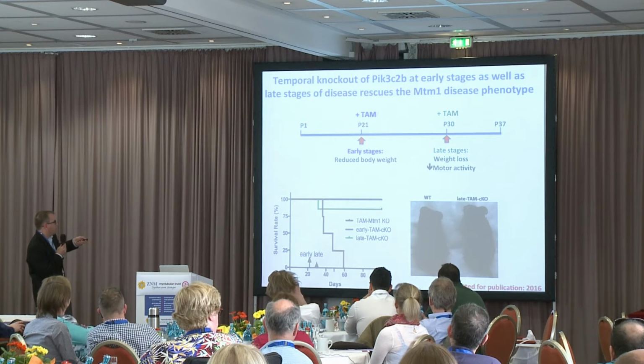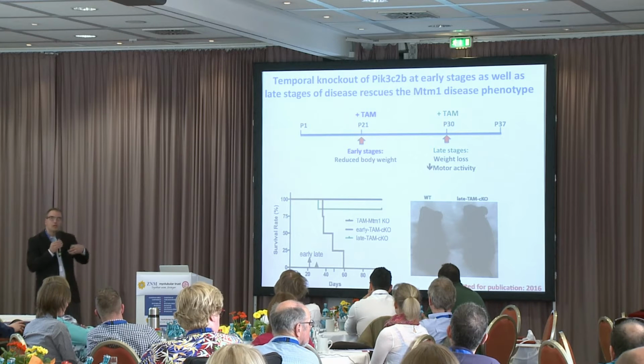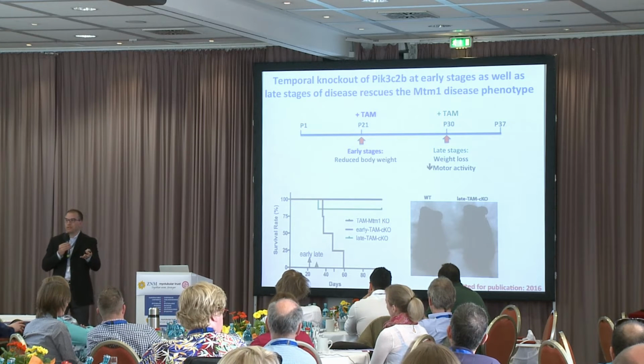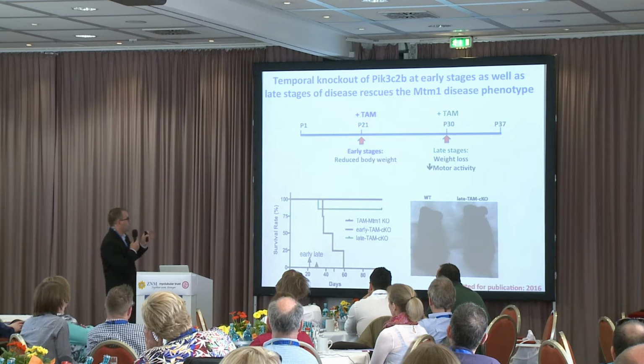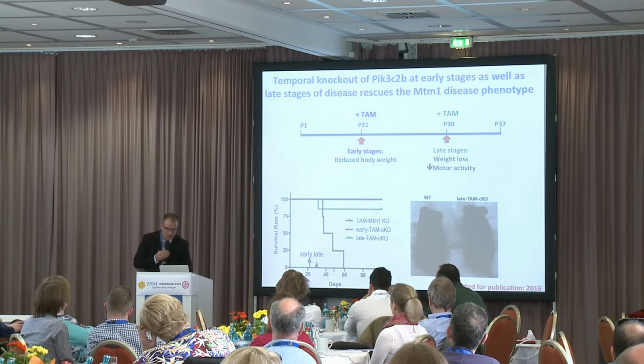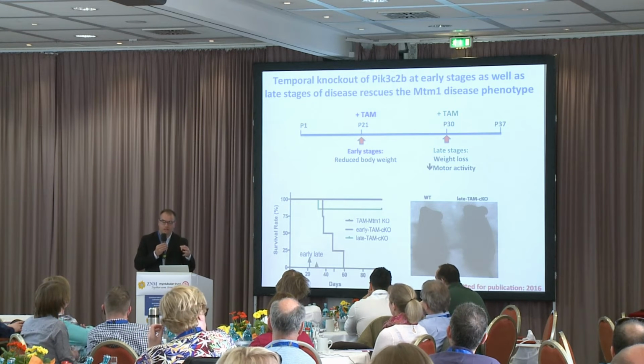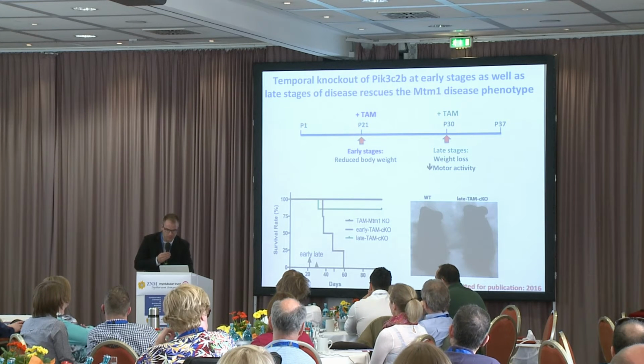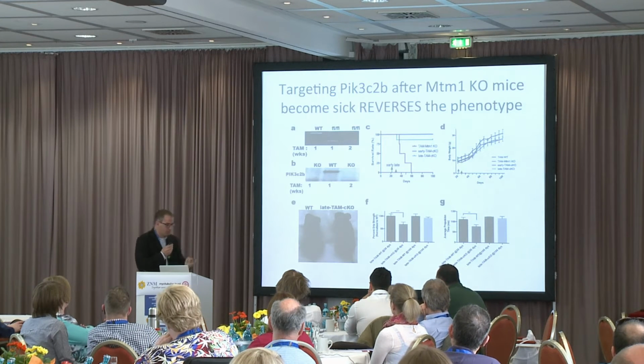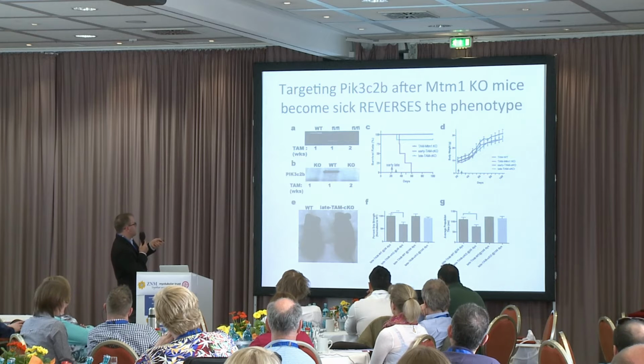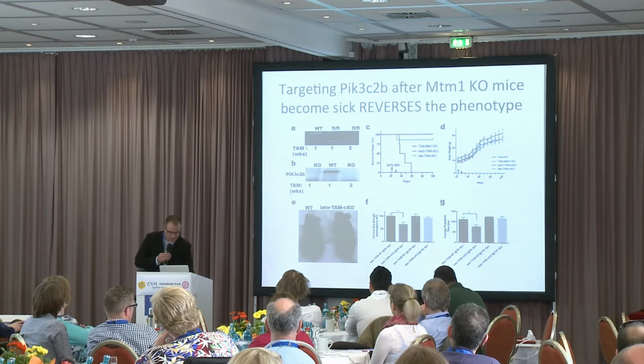And so regardless of when we remove the PI3C2B, we can not only prevent the disease from occurring, but we can reverse it, which I think is really important from a therapeutic perspective, because it suggests that targeting this enzyme could help even after symptoms have developed. So that's just restated again here. This is sort of all of the accumulated data that we've shown that this works.